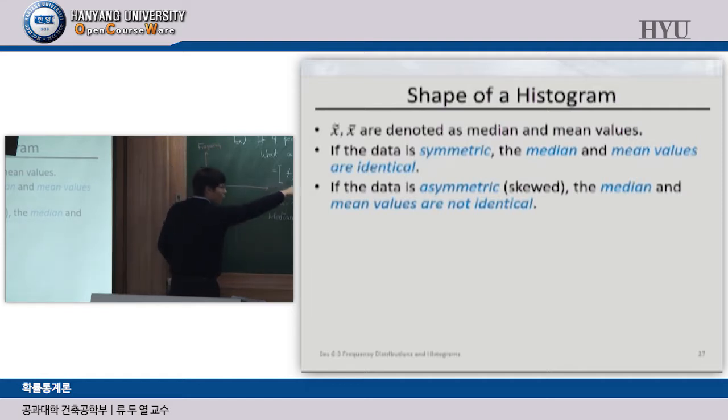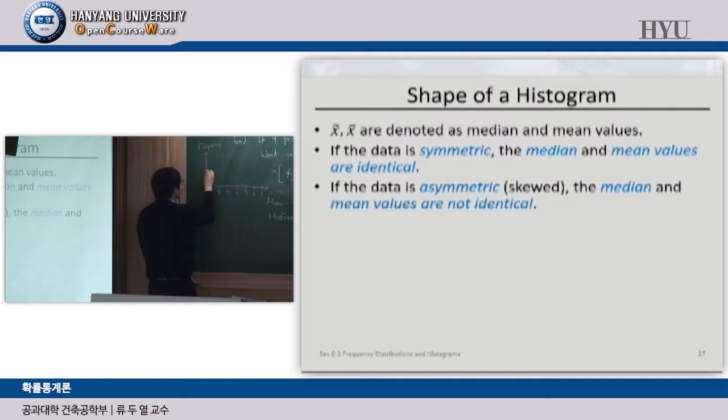And the score is from 4 to 9, so we can say this is the 4, 5, 6, 7, 8, 9, okay? And we have frequencies from 1, 2, and 3.